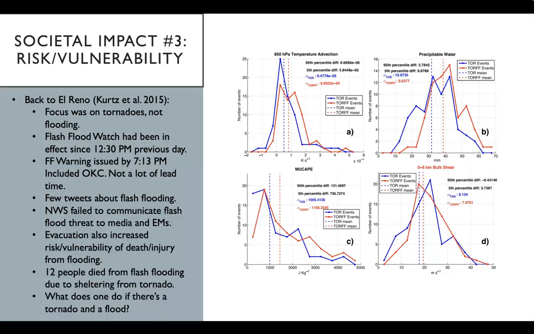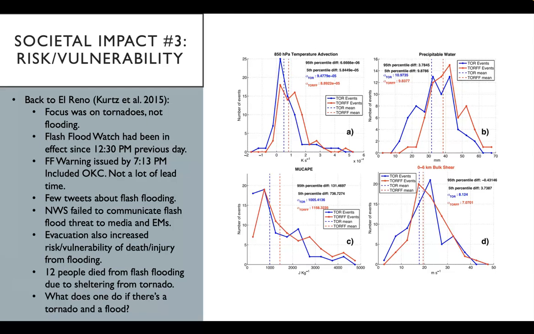Evacuation also increased the vulnerability to death and injury from flooding, and 12 people died from flash flooding due to sheltering from the tornado. They went into low-lying culverts.